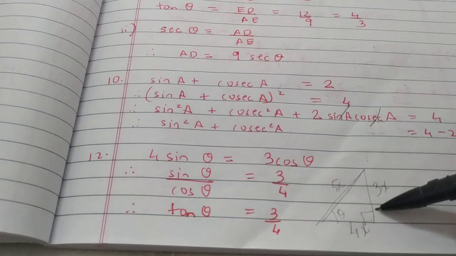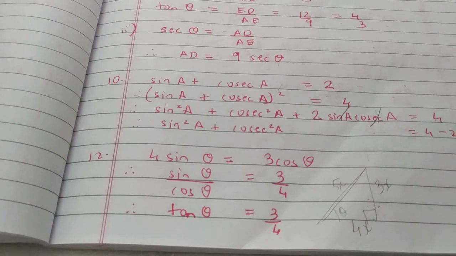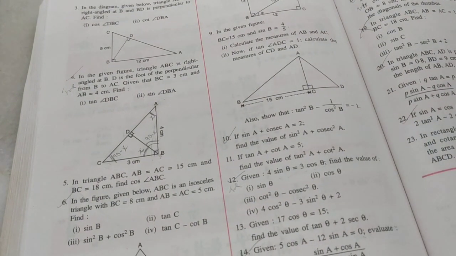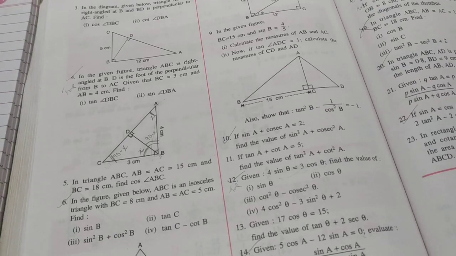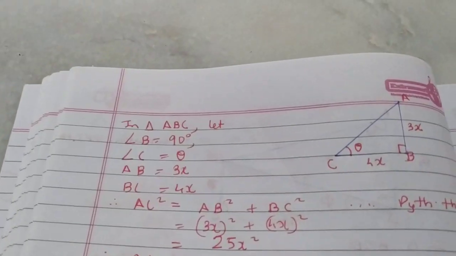They want sine theta, cosec theta, cos theta, cot theta. Find all the ratios, substitute here and get the answer. So that is one method. There are some other methods also which I will teach in some future sums, but we shall use this method itself in this sum.